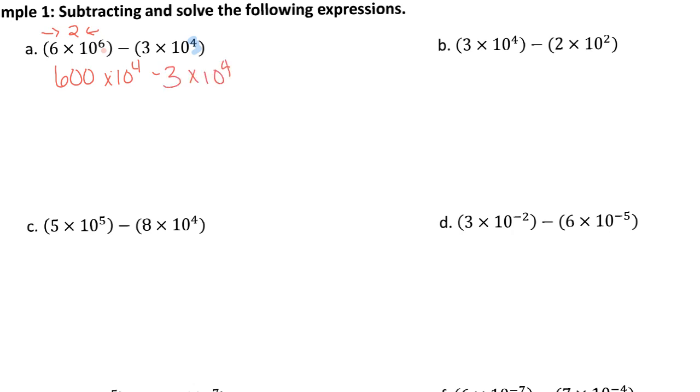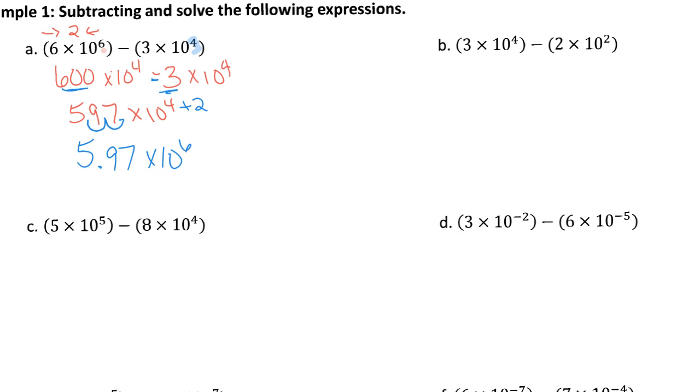So 600 minus 3 is 597. Again, I did that by doing 600 minus 3. And then we have to move it twice. Since we moved it twice, add 2. So we have 597 times 10 to the 6th.